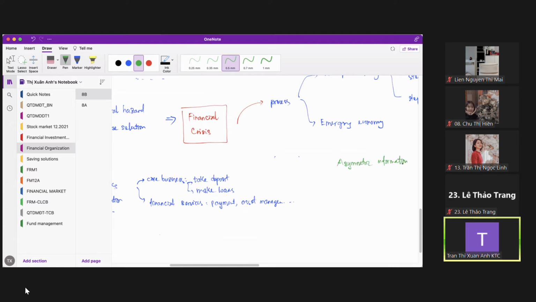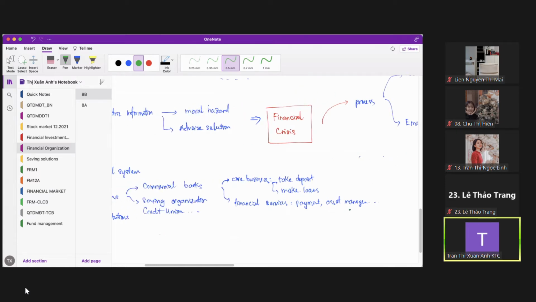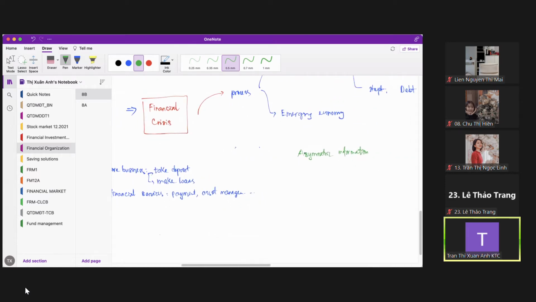So this happens with commerce banks. It means that the borrowers always have better information about projects or the future cash flows of the companies.